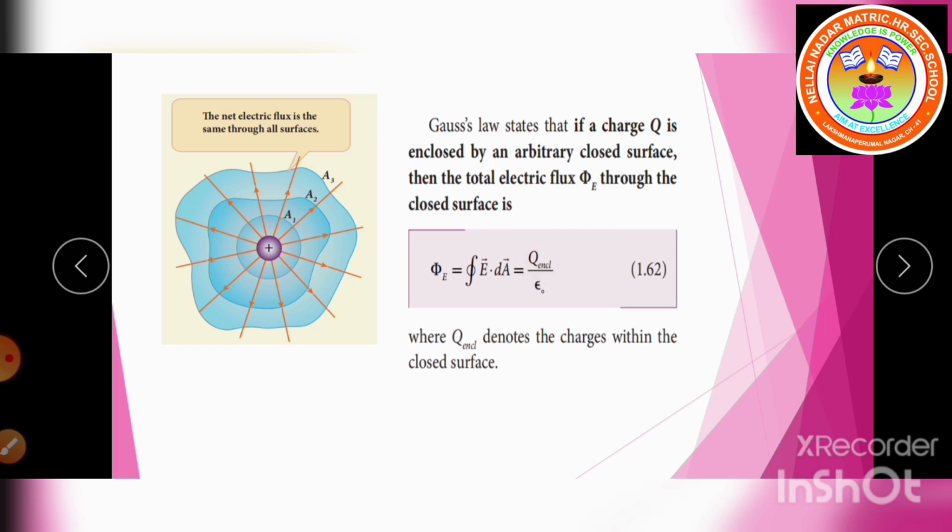Okay, now listen, this equation we derived by choosing a spherical surface. That imaginary surface is what we call the Gaussian surface. Here, the shape of the Gaussian surface depends on the type of charge distribution and the kind of symmetry existing in that charge distribution.